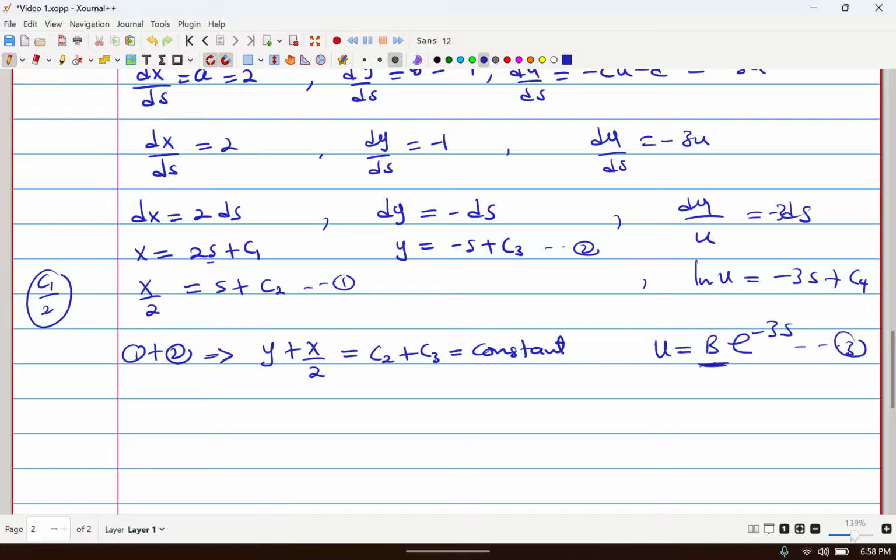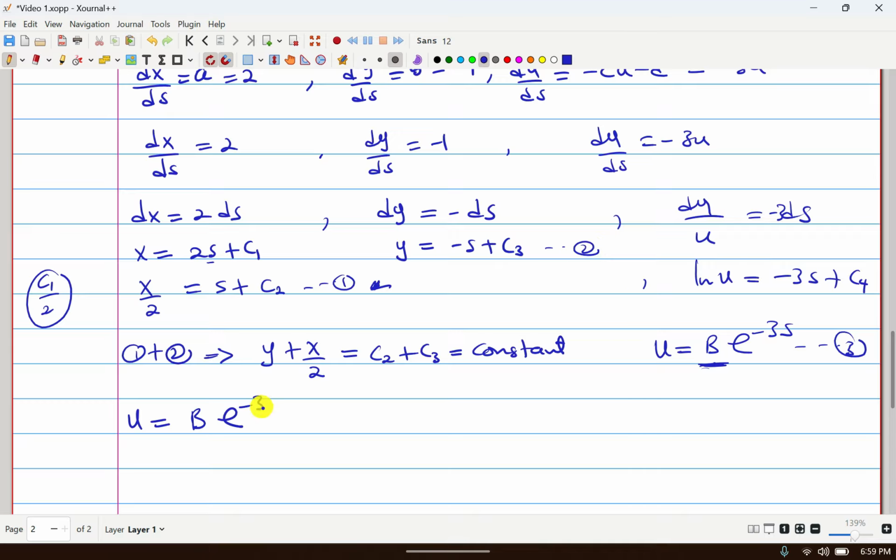Now let's look at what happens if you want to get the constant in front of this. First of all, let's try to eliminate s before we come to the constant. So u is equal to b times e to the negative 3s. Now s here, we can use the first equation to eliminate s.